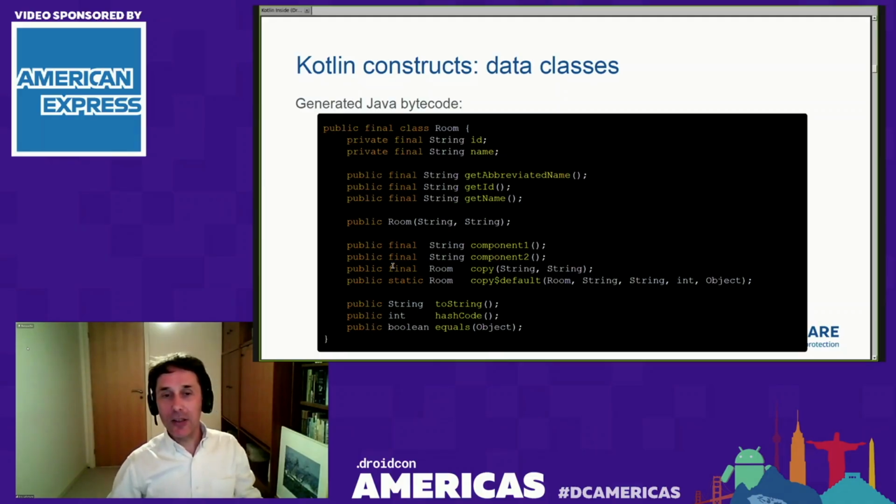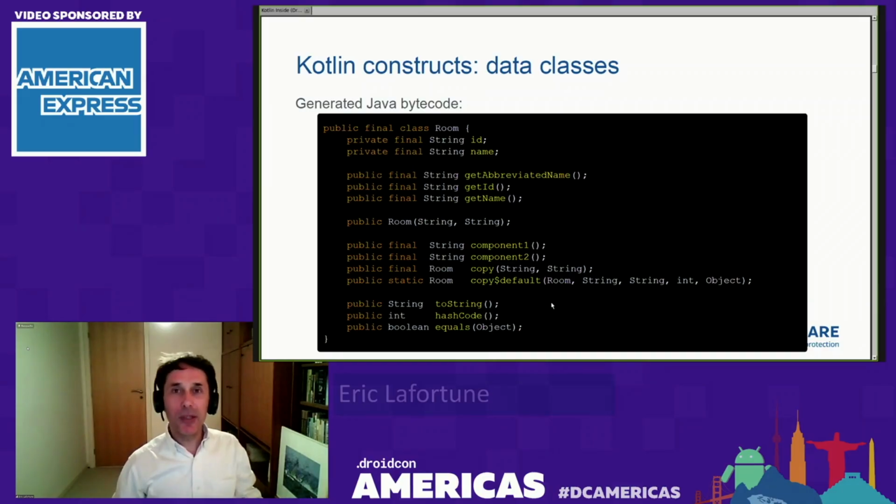In addition, there are a couple of copy methods that allow you to create related instances, similar instances of this instance of the room class. And finally, as documented, the Kotlin compiler will create the toString, hashCode, and equals methods for you to make life just that little bit more convenient. Again, these methods are created whether or not you are actually using them in your application.